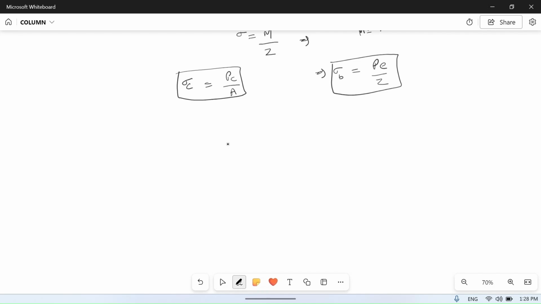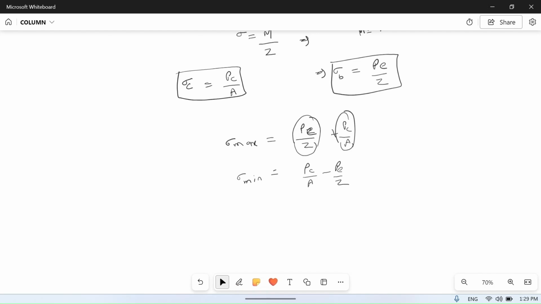So the maximum stress, sigma max, will be equal to the sum of these two when they act in the same direction: P e upon Z plus P c upon A. And sigma minimum will be when they are in opposite directions, so it will be P c upon A minus P e upon Z. One is direct stress, one is stress due to buckling.